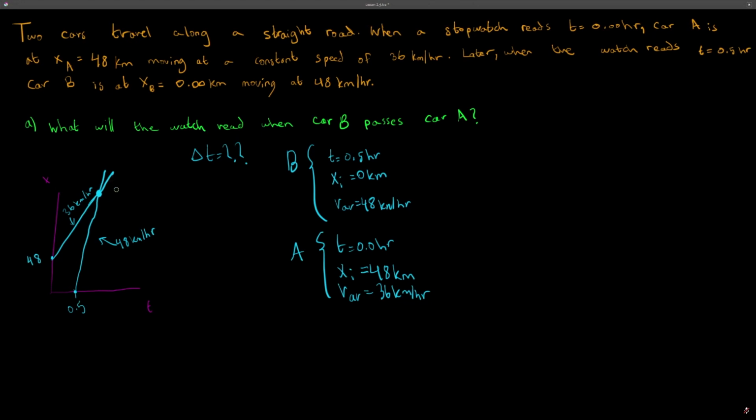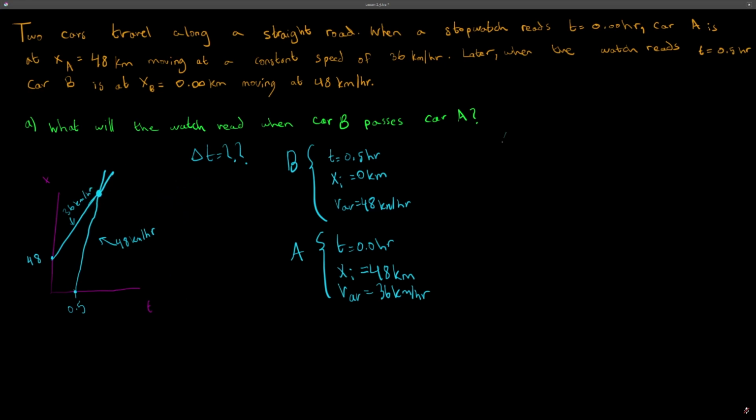So what do we know about the point where they intersect? Well, the final position, so x final of A, will be equal to x final of B, right? Because they're at the same position in this position-time graph. So we can use the equations of motion that we learned.